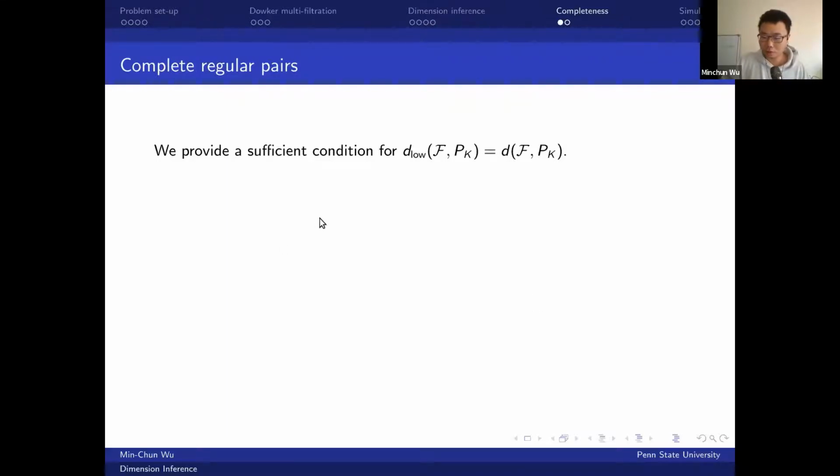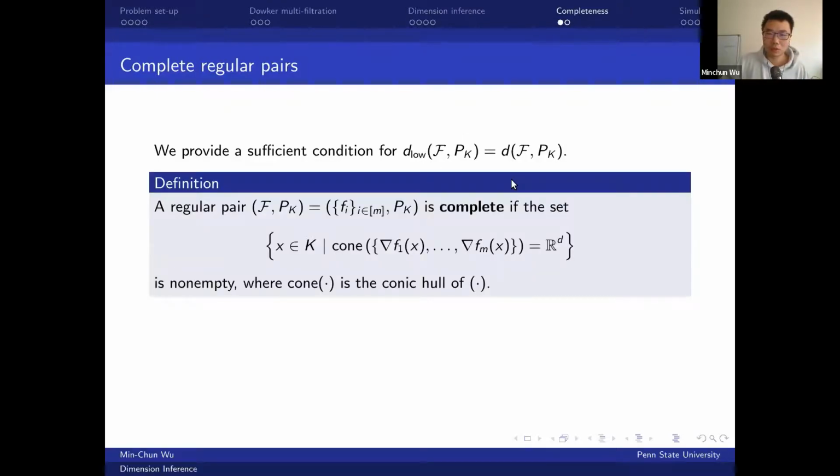To answer this question, we provide a sufficient condition for the lower bound to equal the true dimension. The condition we call complete. We say the regular pair is complete if the following set is non-empty. This cone here is the convex hull, and this is just a gradient. If we can find a point in the domain such that the convex hull of the gradient of the functions is the whole space, then we call this regular pair complete.